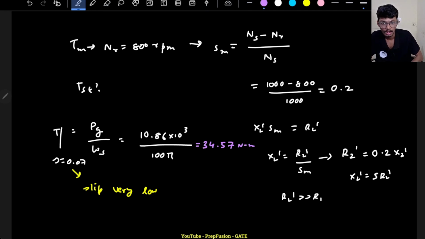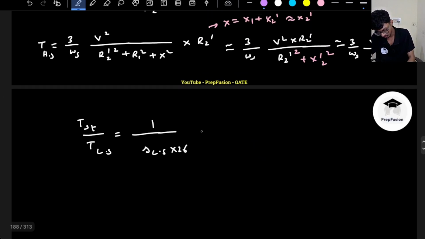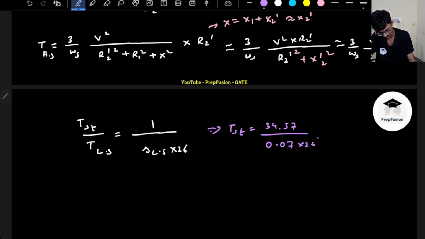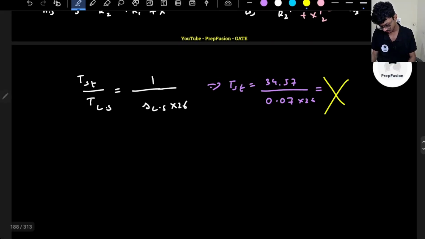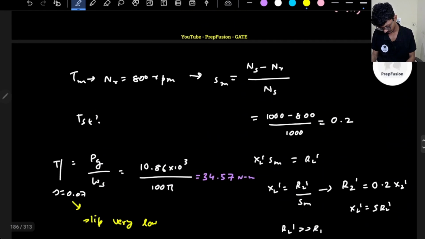That is the torque at full load, or whatever load they have given me. So my starting torque will come out to be 34.57 divided by the low slip 0.06 into 26. So actually I am making a huge mistake. What kind of mistake? This, whatever I have written, 100 pi, is wrong.